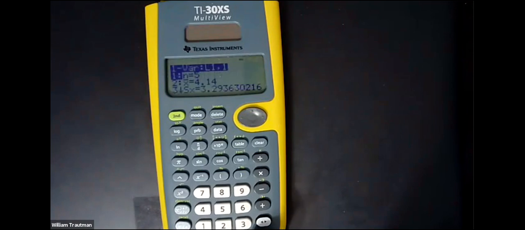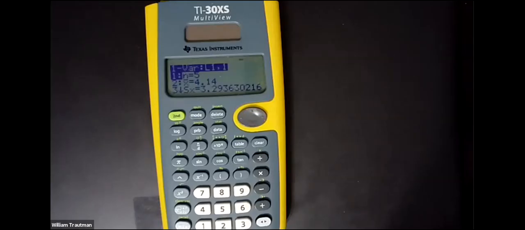If you notice right here, X with a bar on top of it, X bar, that's the mean or the average. And the average, it calculates it for you, 4.14. Same thing we just did. So let's go back and write that in here.